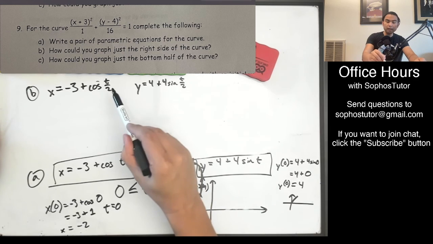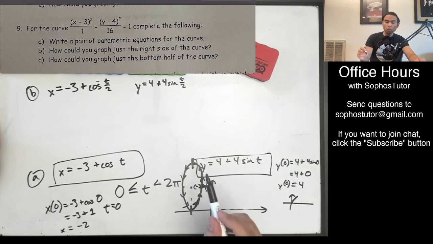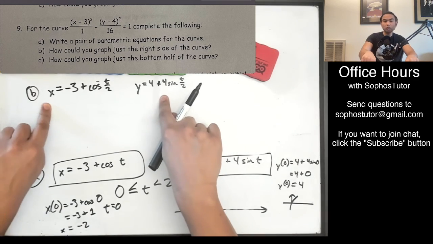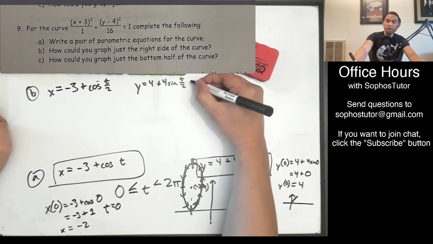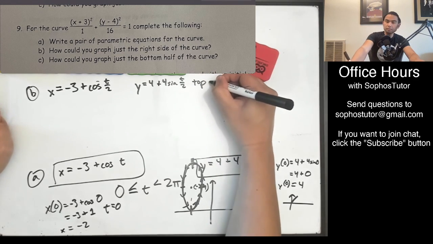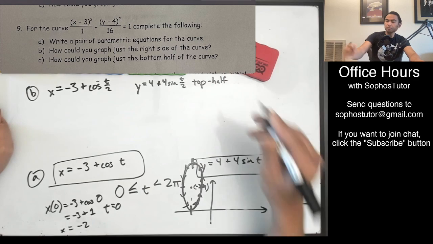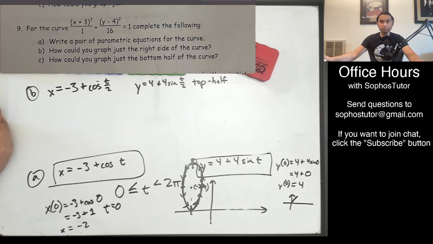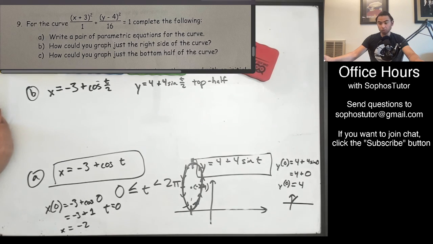So notice that by dividing t by 2, we force this particle to essentially move slower, so that instead of the ending point being where we started, the ending point is simply halfway across the ellipse, right? So these parametric equations would graph the top half of our ellipse. Now that's not exactly what we're looking for, but it gets us closer to what we're looking for.